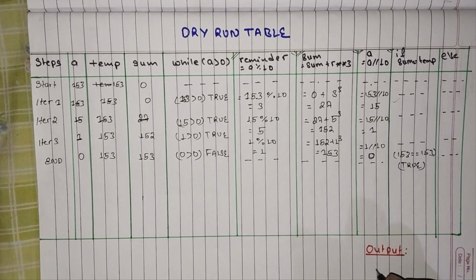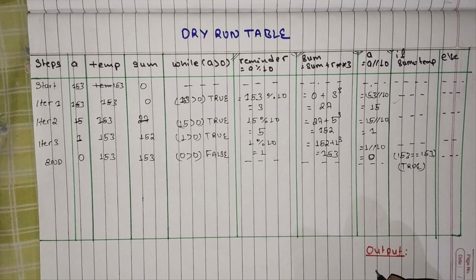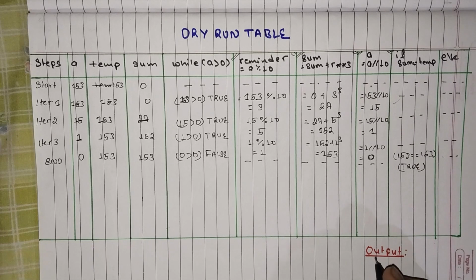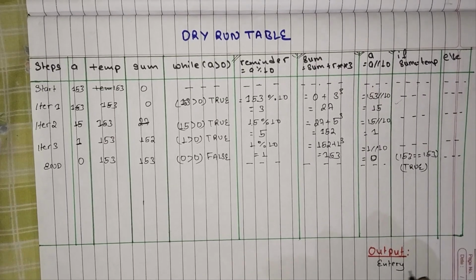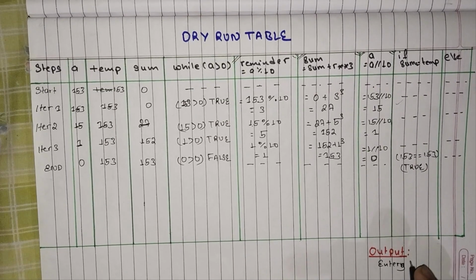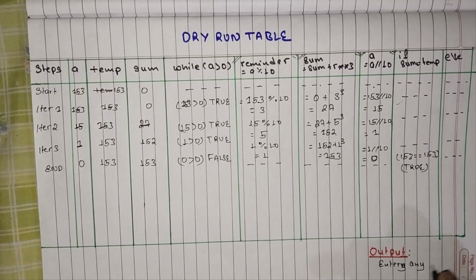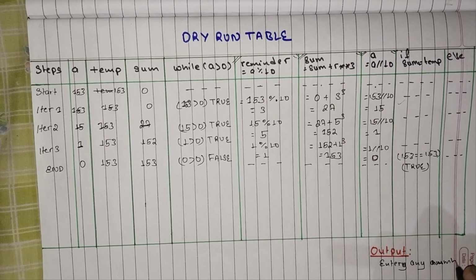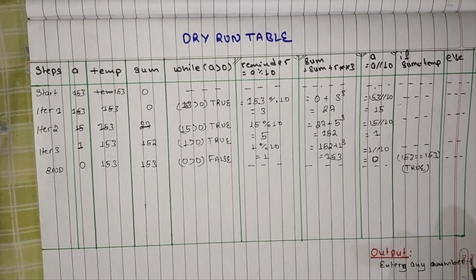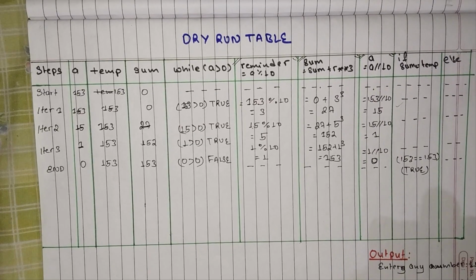And over here, in our code, what we wrote: enter any number. That is what we enter, that is 153, right?